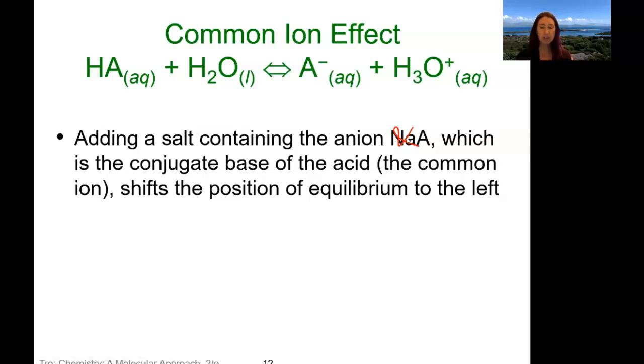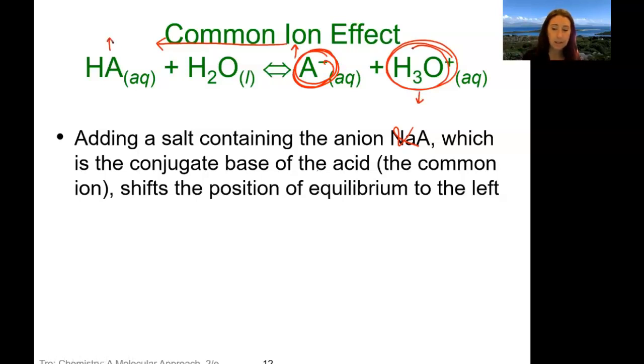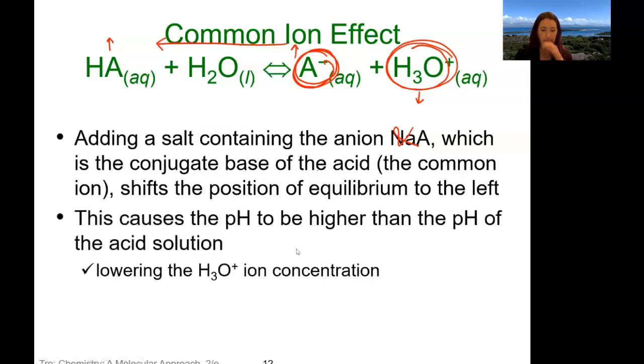It's going to shift the equilibrium to the left. So if I add this, the equilibrium is going to shift that way, right? Because this is going to react with this. So that's going to go down, and this is going to go up, right? Virtually not changing our pH. Okay, it's going to change it, you're going to see, but it barely changes it.